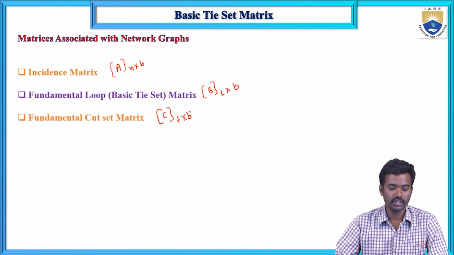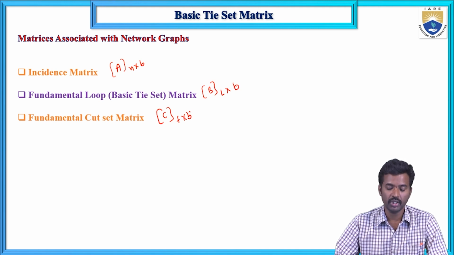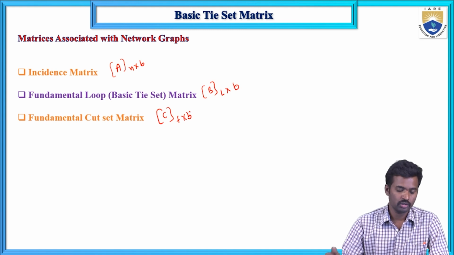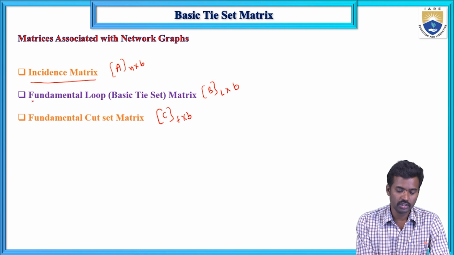The order of the incidence matrix is N by B, the order of the fundamental loop matrix, the basic tie-set matrix, is L cross B, and the order of the fundamental cut-set matrix C is F cross B. This we discussed in the last lecture.